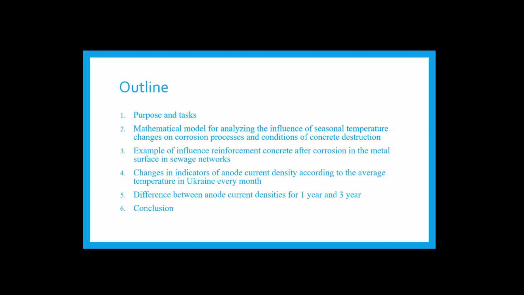The next one is an example of the influence on reinforced concrete after corrosion on the metal surface in the sewage network. After that will be the topic of changes in the indicator of anode current density according to the average temperature in Ukraine every month, and the difference between this value for the first and third year. And the last topic is conclusion.